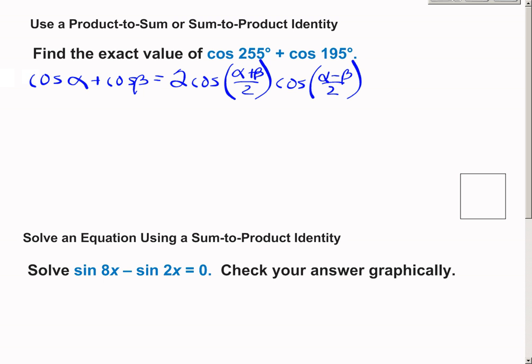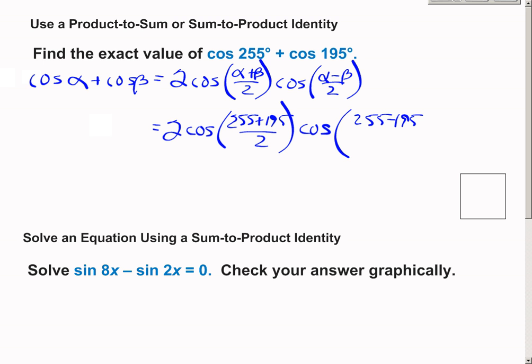So our alpha and beta here are 255 and 195. So we have 2 times the cosine of 255 plus 195 over 2, times the cosine of 255 minus 195 over 2.